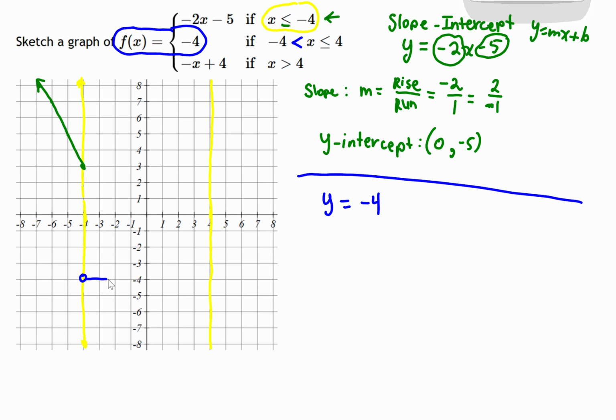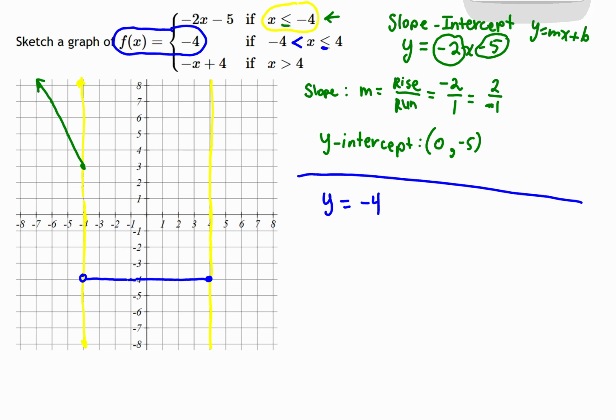And then we're just drawing along the grid line where y is always equal to -4. Okay, so all the points on this line follow the rule that y is equal to -4. And I made sure to put a closed point right there where x is equal to 4 because of the equivalence in that second inequality.